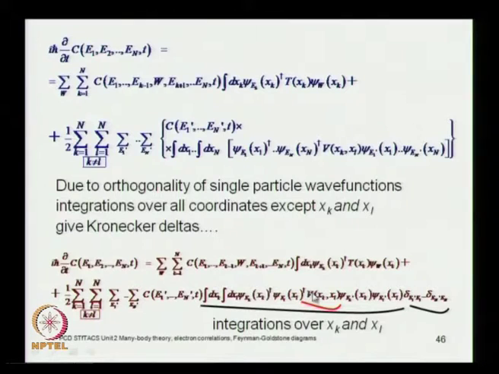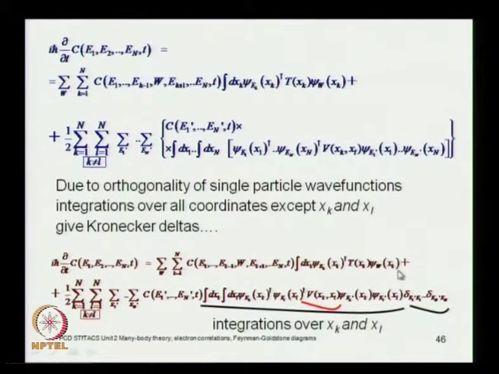That integrand is the matrix element of the potential energy operator between psi ek dagger and psi el dagger, with arguments xk and xl respectively, and on the right you have got ek prime and el prime respectively with arguments xk and xl.